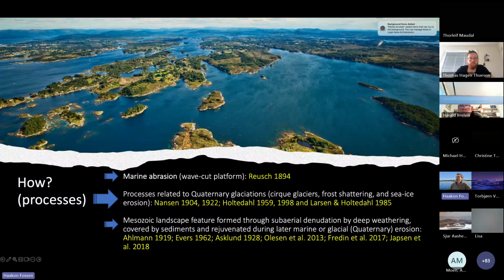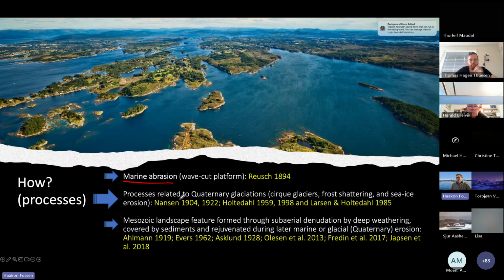And processes. How did it form? So Reusch, for example, was arguing for a wave cut platform kind of model, and he thought that would take a long time. So maybe we have to include not only the Quaternary period, but also time before the Quaternary to make that. So wave cut, I don't think that's very important.